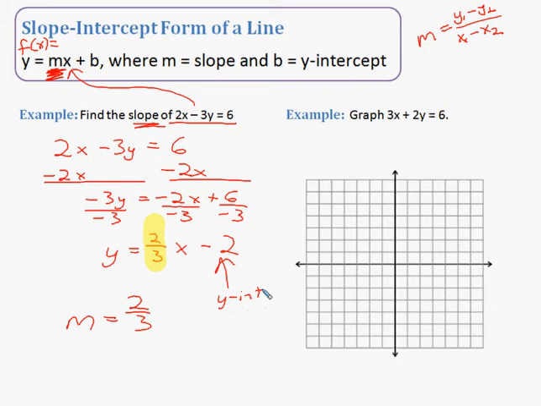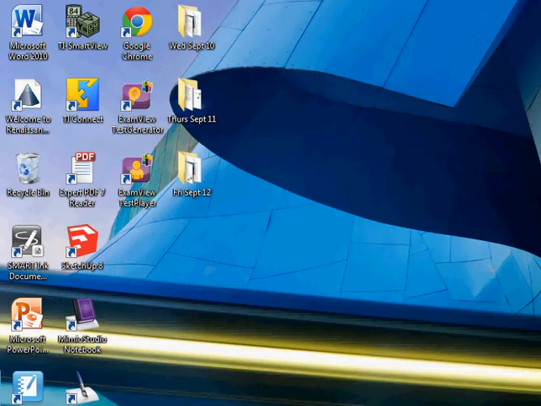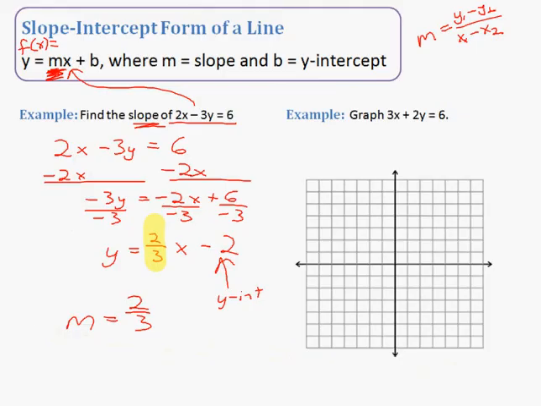And then the last thing, and this is the application, or kind of putting it all together, we want to graph 3x plus 2y equals 6. We could do this in different ways, but usually the easiest way is to go ahead and get it in slope-intercept form, y equals mx plus b.